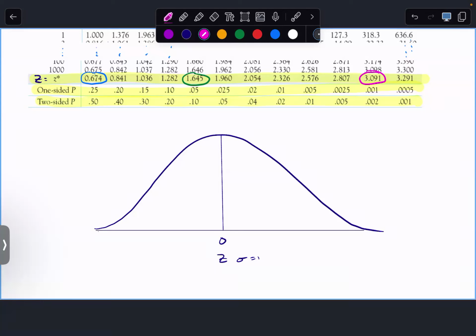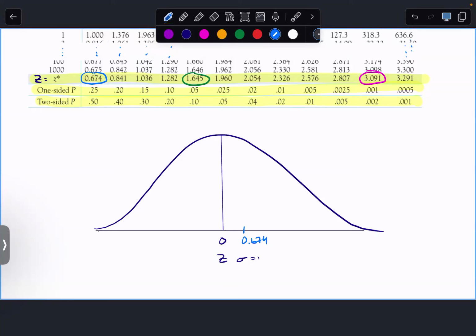Because if we do 3, the rest of them just kind of fall into place, but it gets really tight, right? And so what do I mean by tight? Well, on a number scale, so remember, this is just a number scale, and I have 0.674, right, a Z of 0.674.